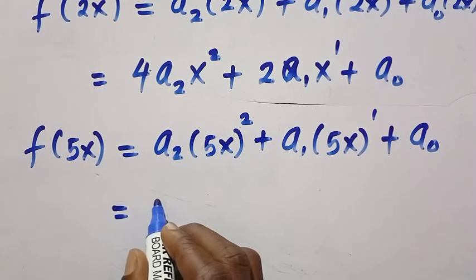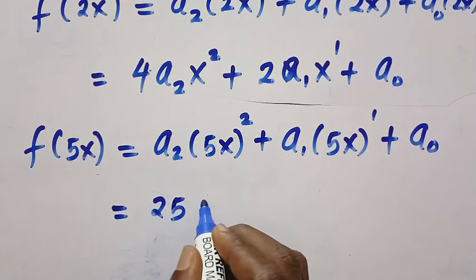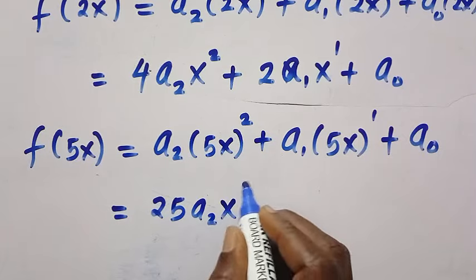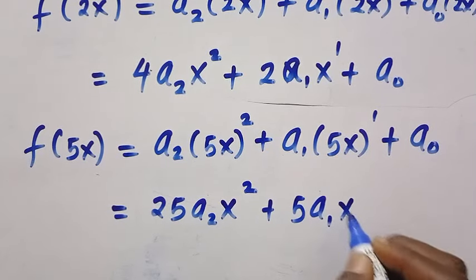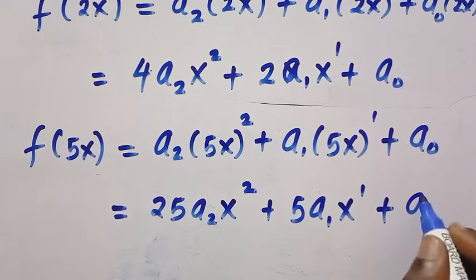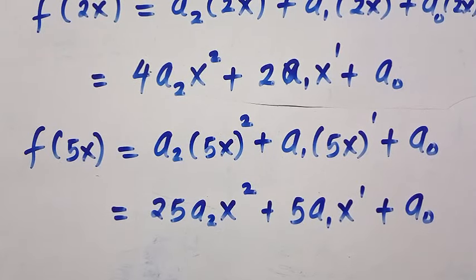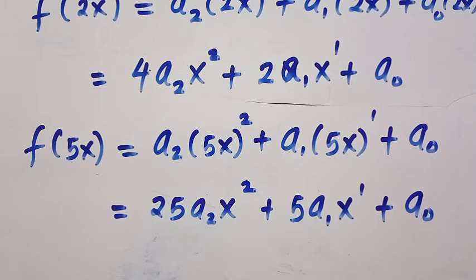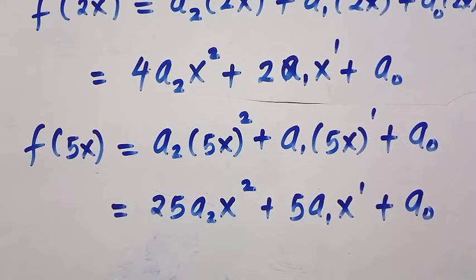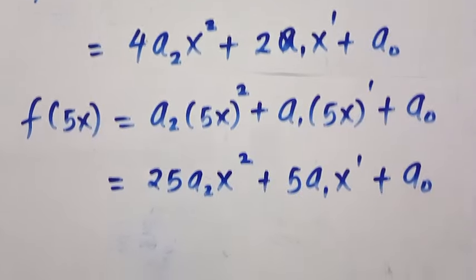So here we have 25a2 x raised to the power 2 plus 5a1 x raised to the power 1 plus a0. Since we have gotten f of 5x and f of 2x, let's add the two together and equate it to x squared plus x.